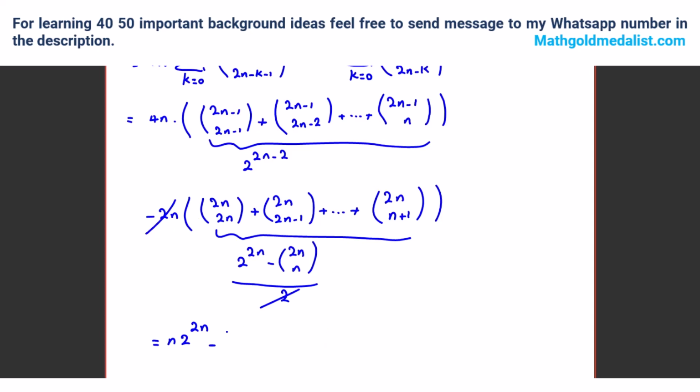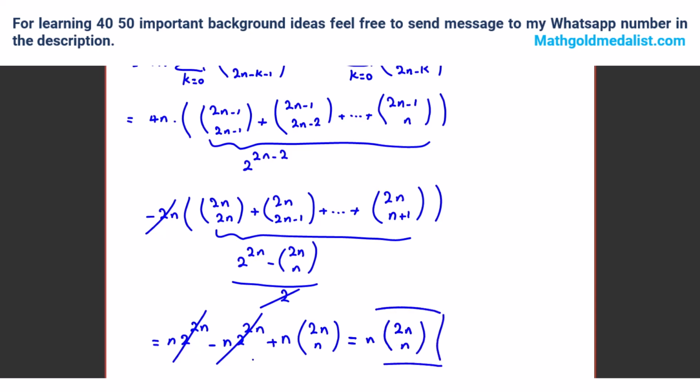Minus n times 2 to the 2n, right? And then plus what? Yes. These two terms will cancel each other out, and n times 2n choose n will be left, right?